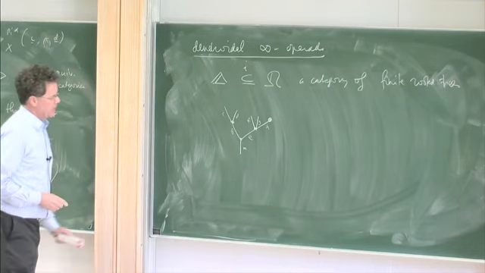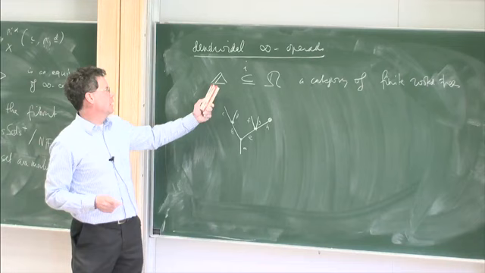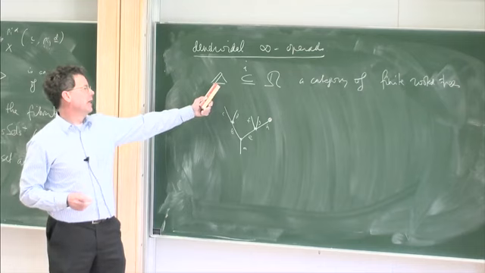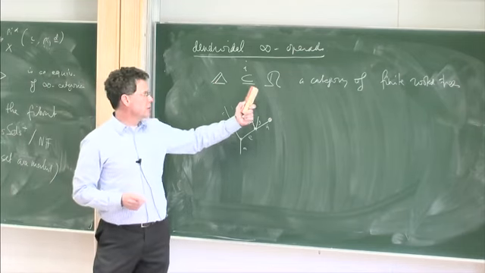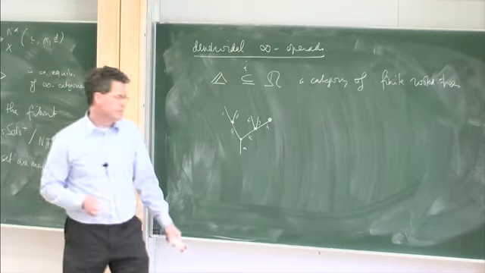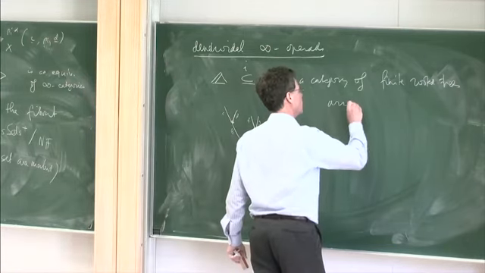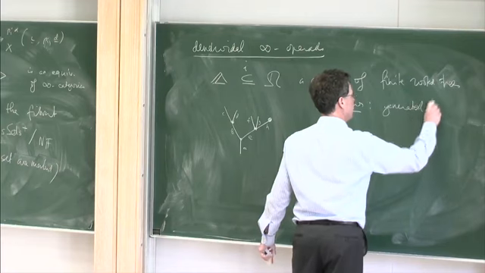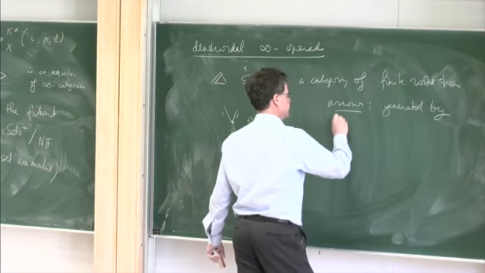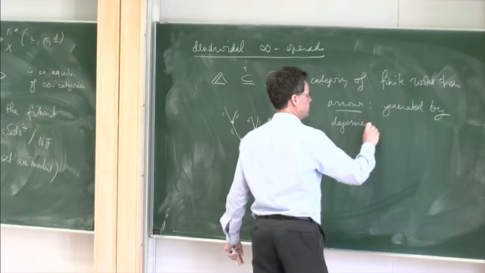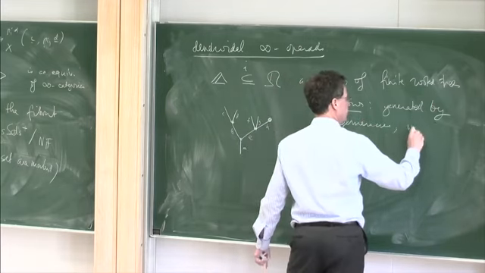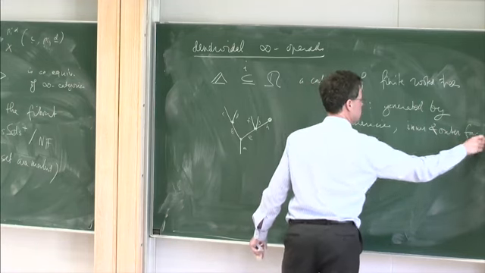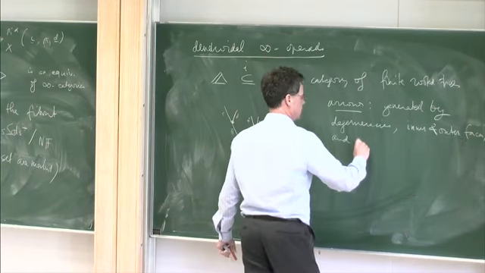vertices. And now the arrows are generated by faces and degeneracies, exactly like in delta, except that there are also automorphisms of trees. So arrows generated by degeneracies, inner and outer faces, and isomorphisms of trees.